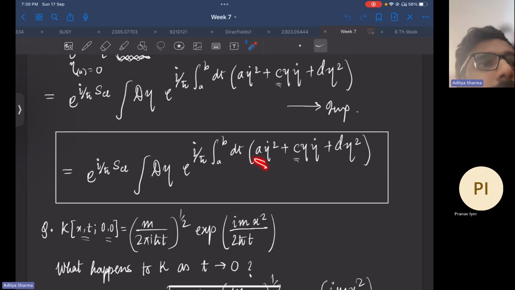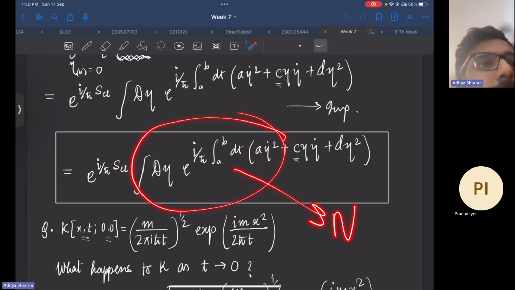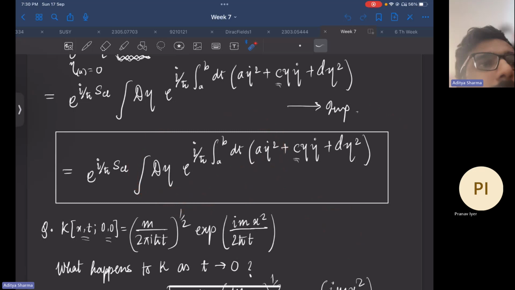So you are going to only have this. And this is nothing but your normalization, because this is a finite integral and it will just evaluate to some value. So this is just nothing but the normalization. And so your answer can be written as some normalization times e to the power i by h-bar of S classical.